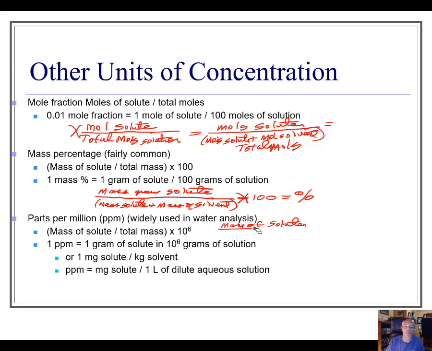What we're going to do here is take the total mass, which is the mass of solute, likely a very small amount, plus the mass of the solvent, but instead of multiplying by 100, we multiply by 1,000,000, and that's to get parts per million. It's really the same idea as mass percentage, only instead of parts per 100, it's parts per million. You could do the same thing with parts per billion.